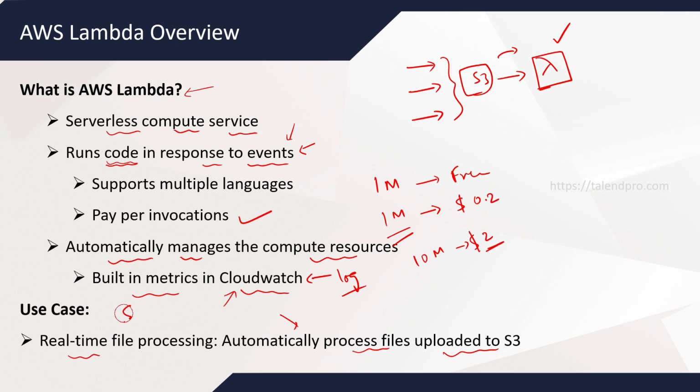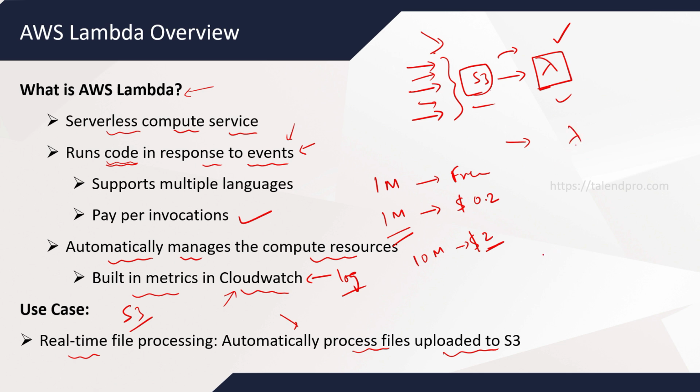This is one of the use cases on S3. Whenever a user or an application drops or uploads a file, the Lambda can be triggered. Similarly, let's say you have a video file coming in and you want to generate a thumbnail. For that also Lambda can be used.